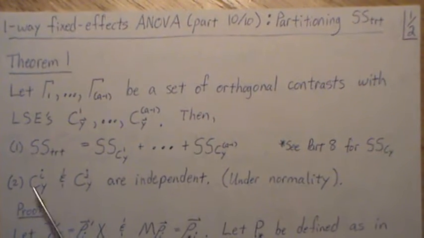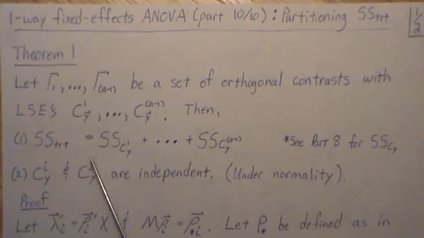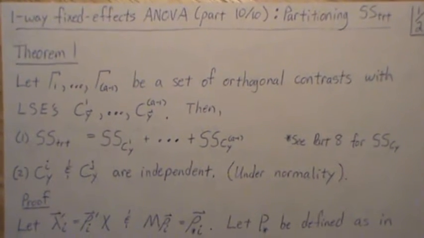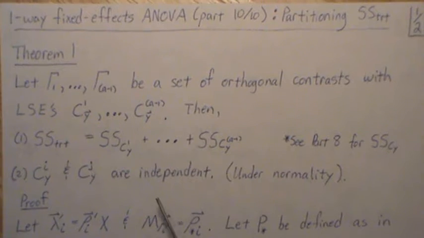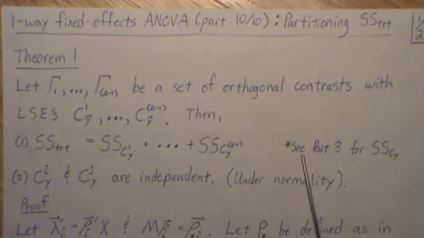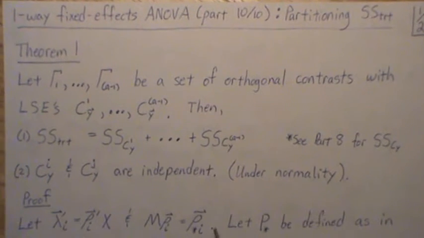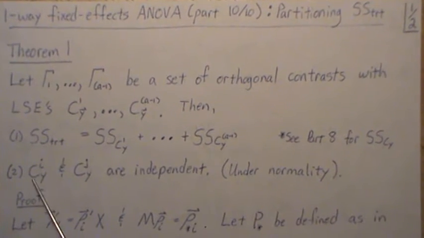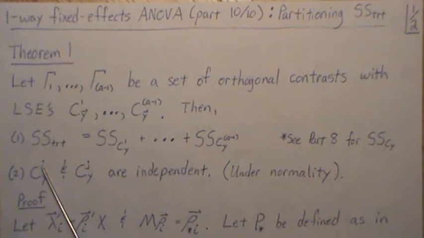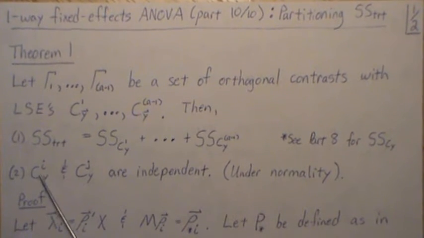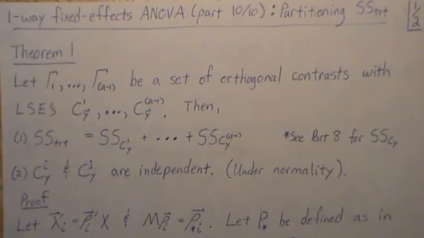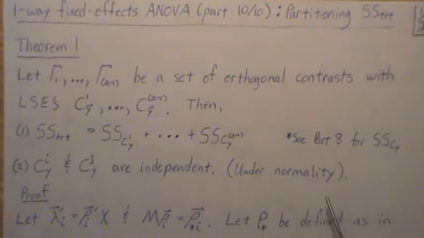Then the sum of squares treatment can be partitioned into the sum of these sum of squares for the contrasts. And these were introduced in part 8, the definition of these. Also, the ith contrast and the jth contrast are all independent under normality.